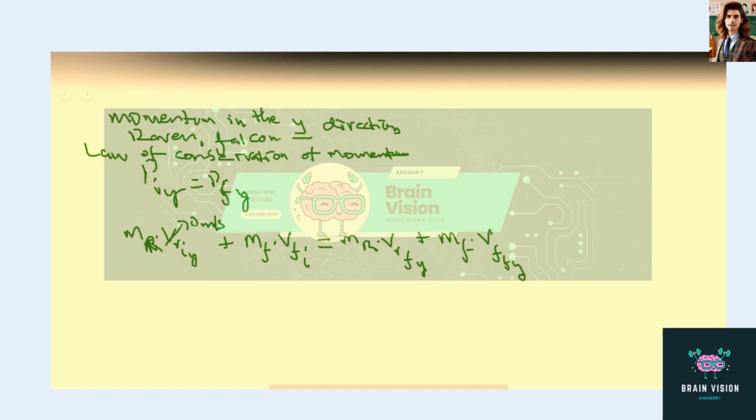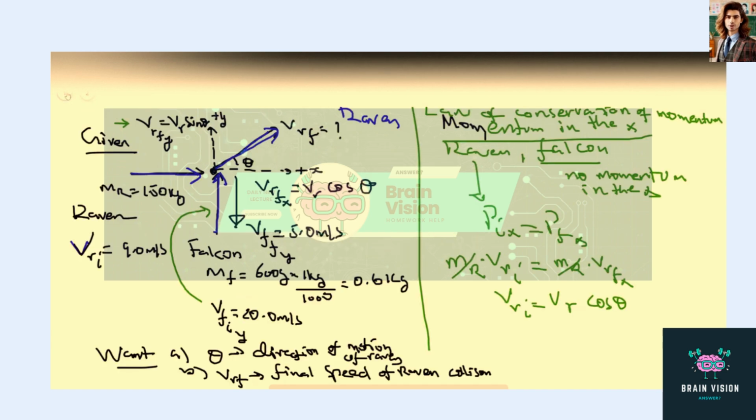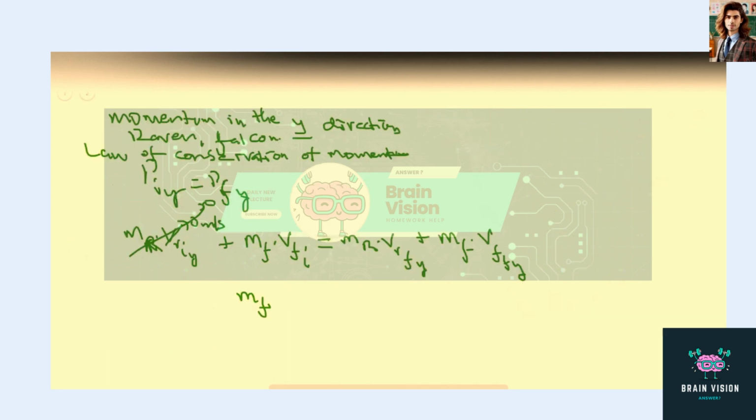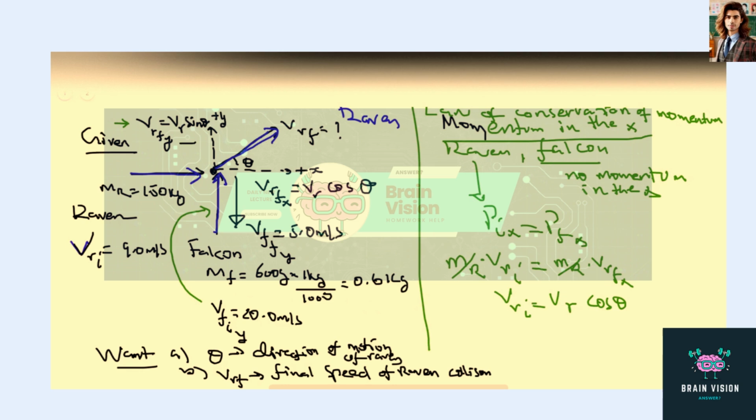And so, this part is going to be 0. We have the mass of the falcon times the initial velocity of the falcon equals the mass of the raven times the final velocity of the raven in the y direction, and that's this one, the final velocity of the raven in the y, Vr sine theta.